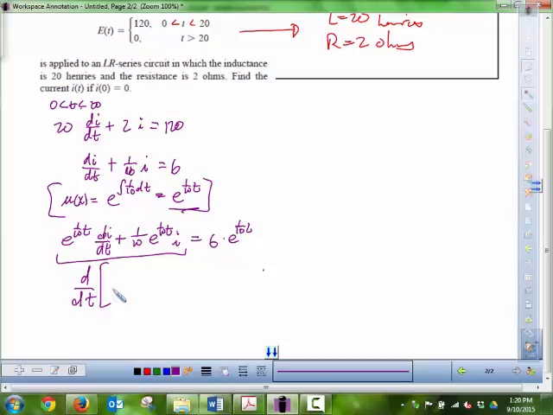The two things that you took the derivative of are e to the 1/10 t and I. If you want, you should take the derivative of this product to make sure that you get the expression up on top. It's always going to work out like this, because that special integrating factor produces a product rule.